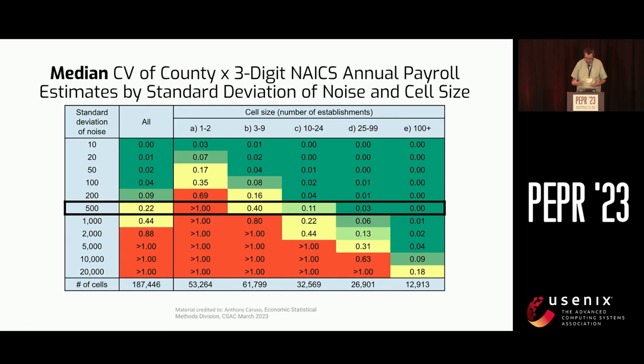Basically, if we look at an example from this data set, in the left-hand column I have the standard deviation of the noise that's being added, and there are a number of parameters that can factor into these standard deviations.